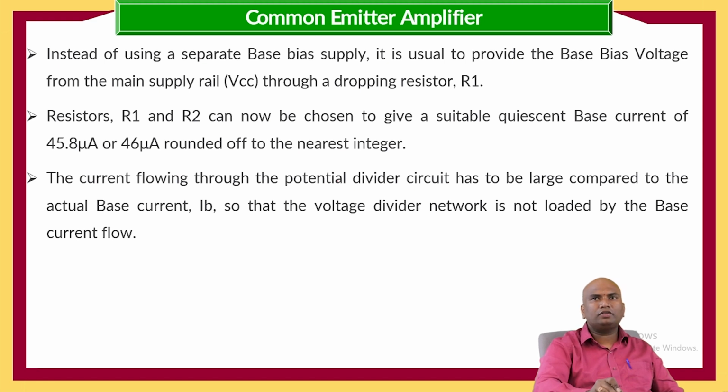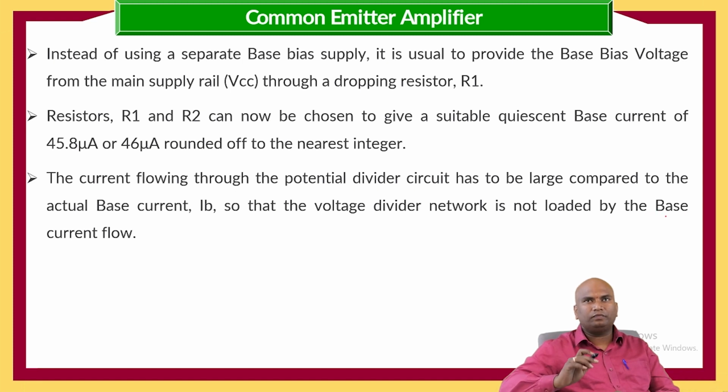Here the current flowing through the potential divider circuit has to be large compared to the actual base current IB, so that the voltage divider network is not loaded by the base current flow.